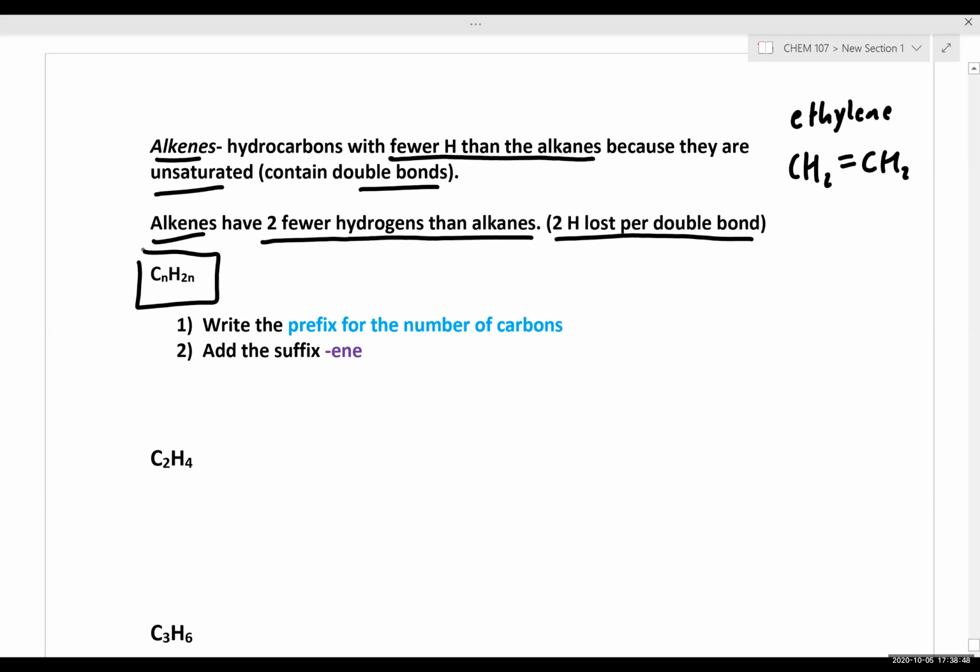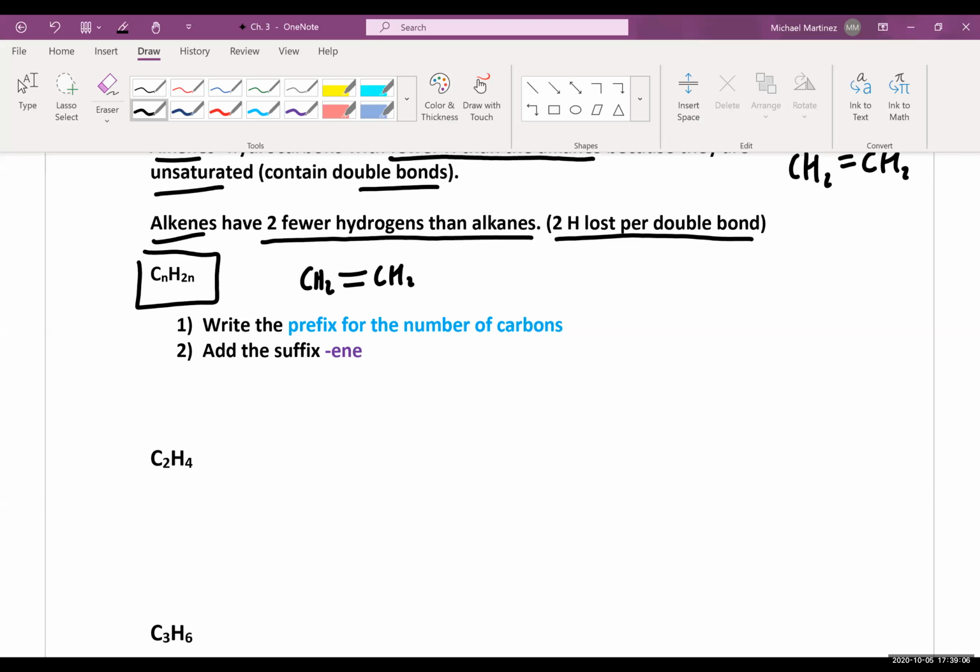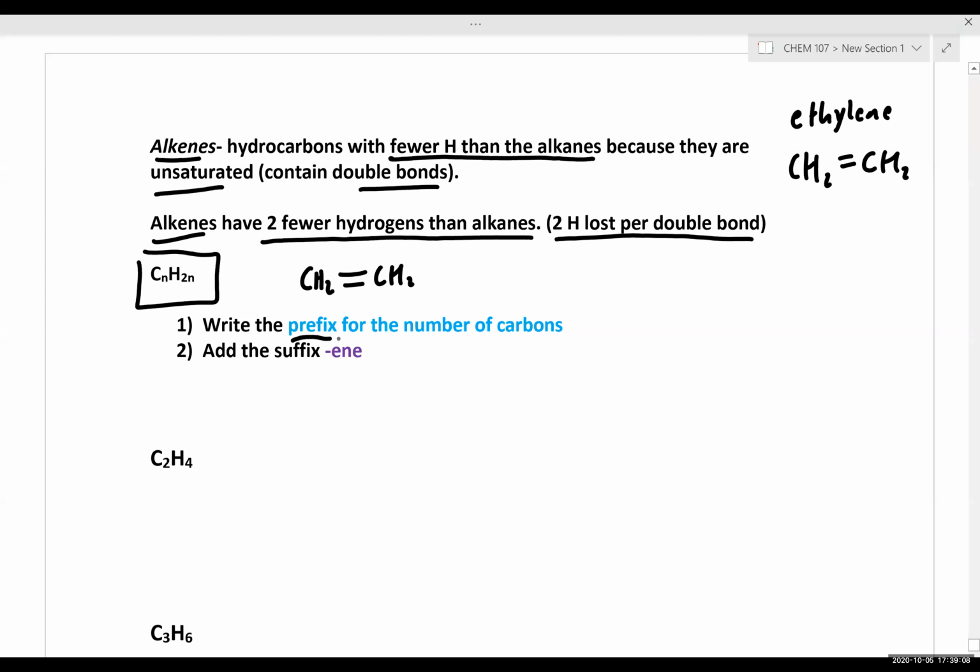Now, remember, alkenes are denoted by the presence of a double bond. If you see a double bond and only carbons and hydrogens, you're dealing with an alkene. To handle an alkene, just like before, we write the same prefix for the number of carbons, and then we add the suffix ene.